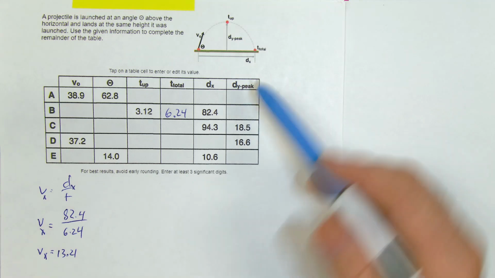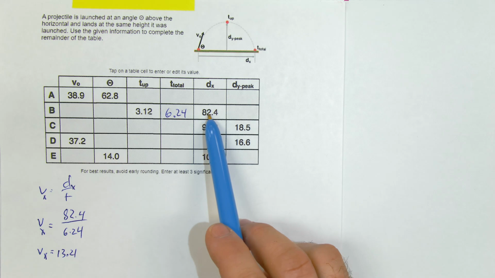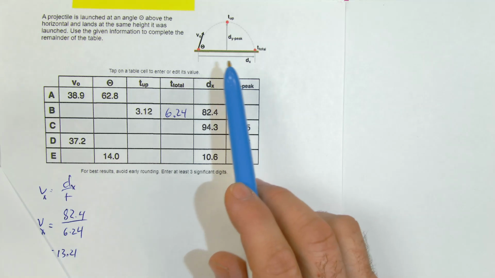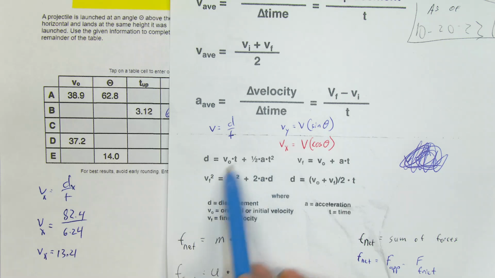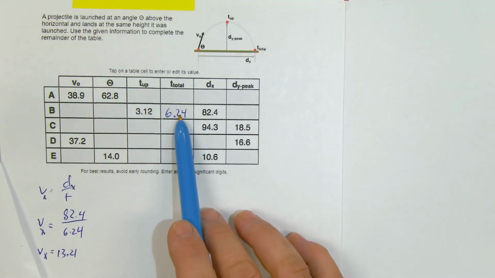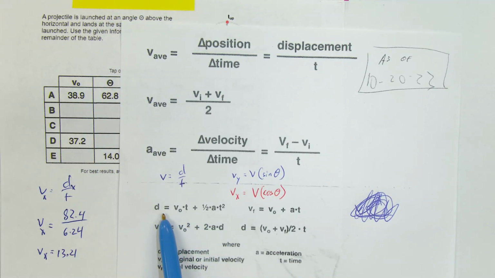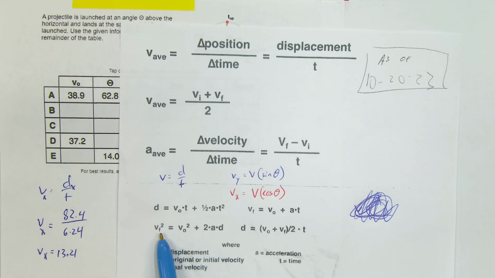So if we go to our equations, we have a distance on the x-axis that doesn't really help us. If we look at our equations here for acceleration, we do have time and we have acceleration. A lot of these have velocity initial, velocity final. The ones that have acceleration and time would be these three.